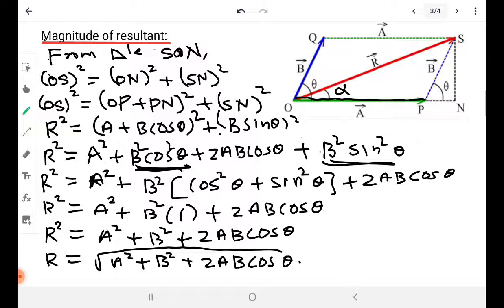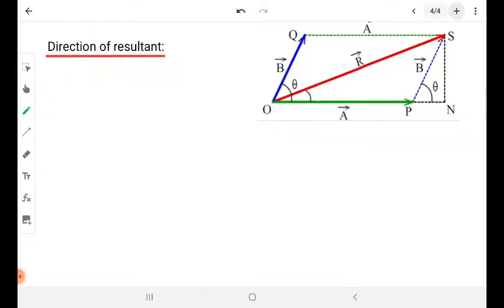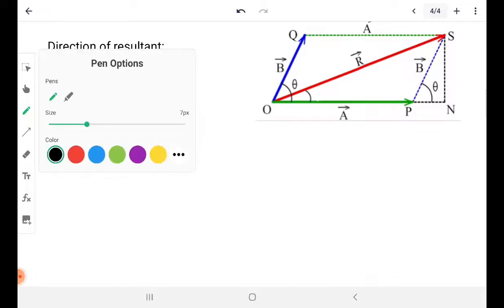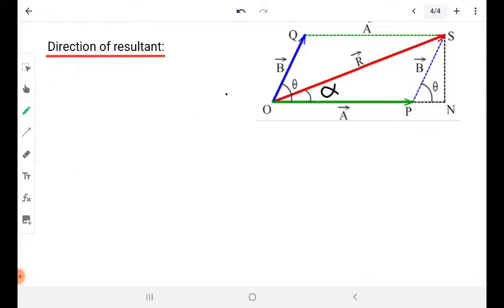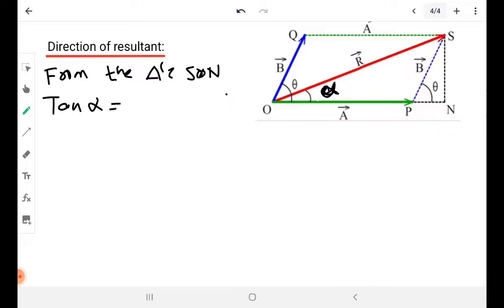So now we shall find the direction of the resultant. In the diagram, let alpha be the angle made by the resultant vector R bar with the vector OP bar. So now again from the triangle SON, we can use tan alpha is equal to opposite side, that is SN, by adjacent side, that is ON.